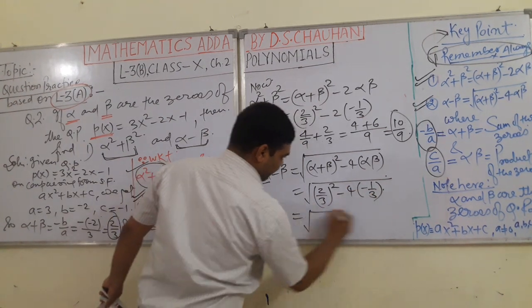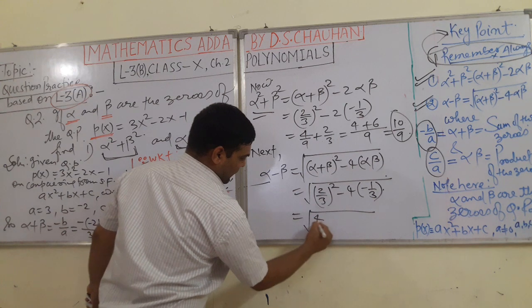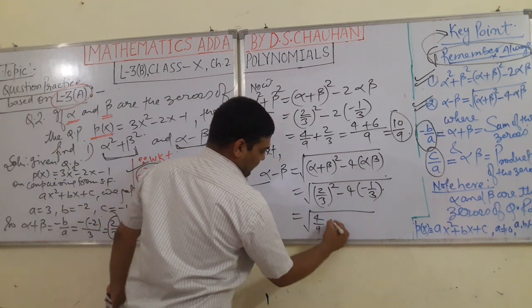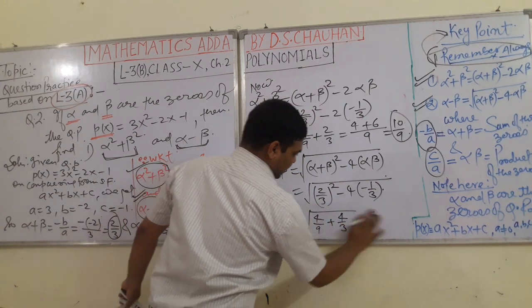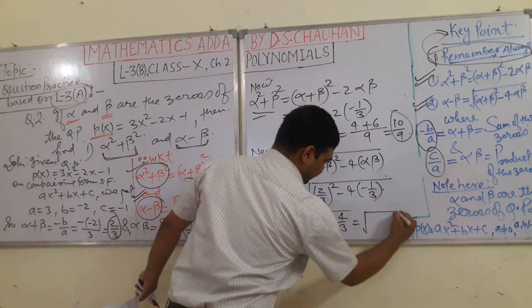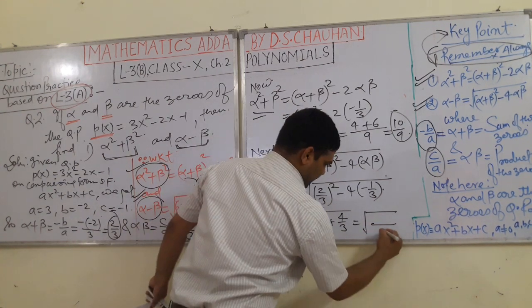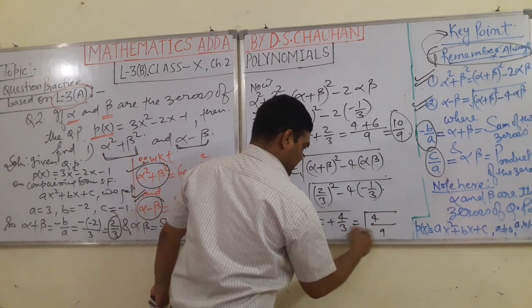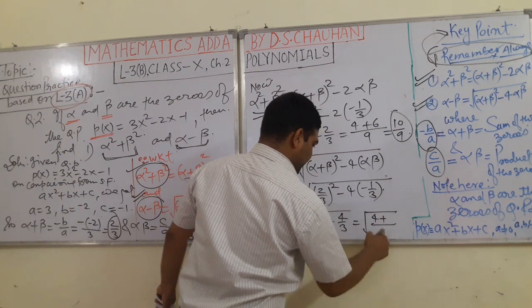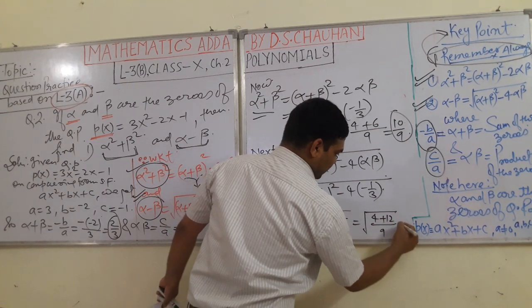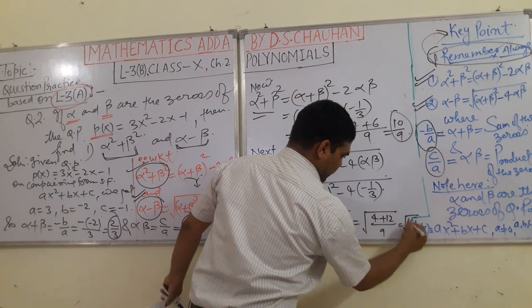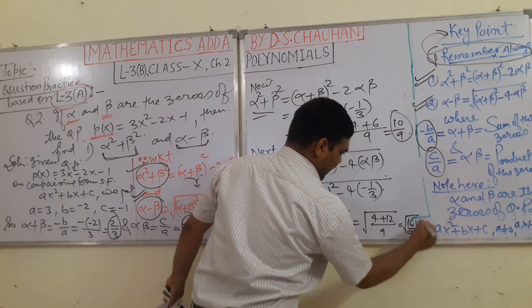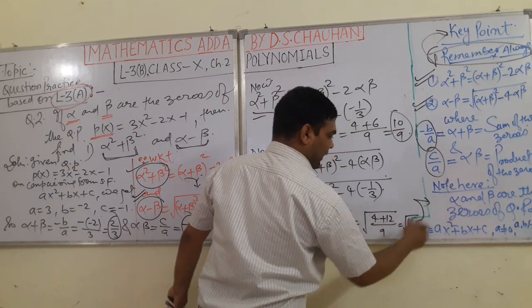What will we get here? We get 4 by 9 and this is 4 by 3. By taking the LCM, we can solve it. 9 is the LCM, so it is 4 plus 3 times 4, since 3 times 3 is 9 and 3 times 4 is 12. It becomes 16 upon 9.